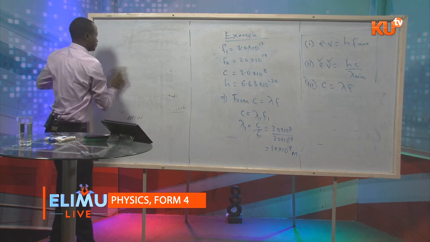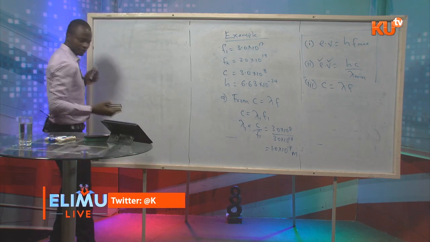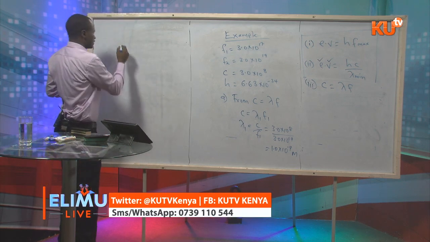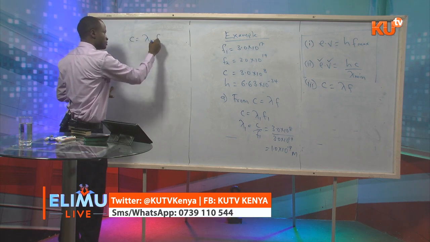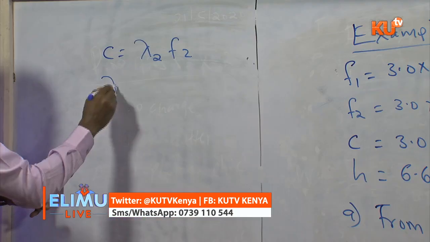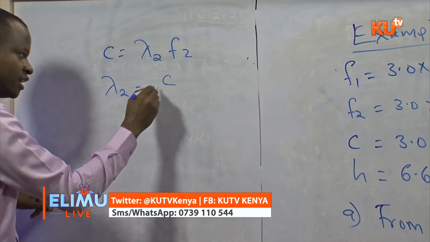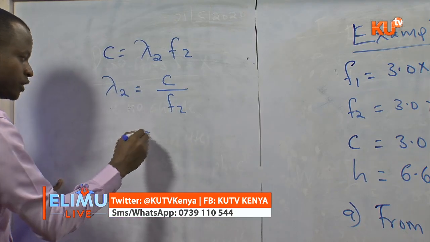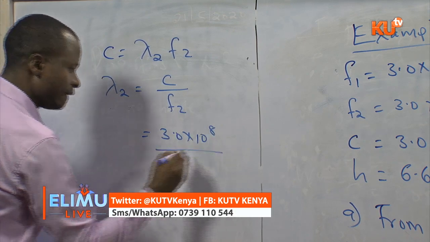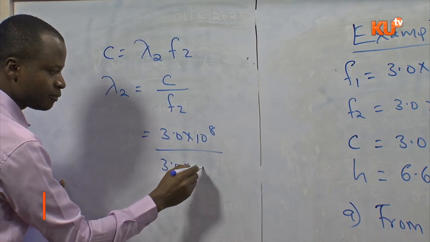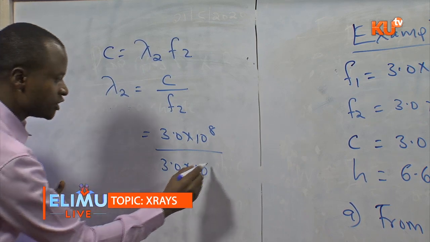Then we go to our F2 and lambda 2. Using the same equation, we shall also say C equals lambda 2 times F2. So this tells us that lambda 2 is C over F2, which will give us 3.0 times 10 power 8 over 3.0 times 10 power 19.